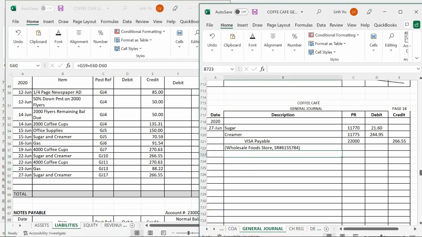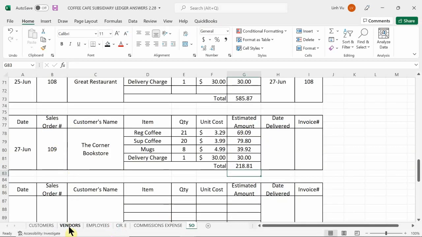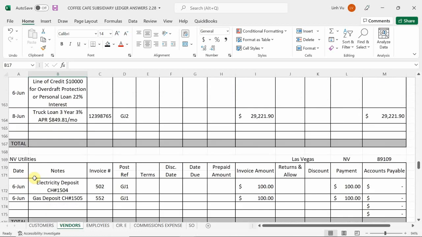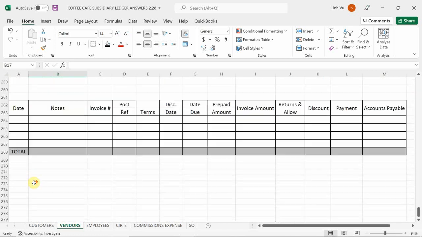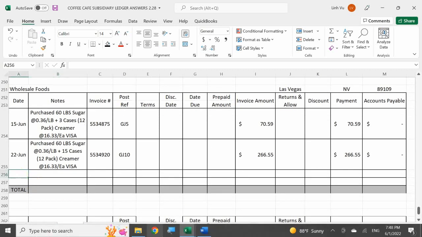Okay. And of course, we need to make a note in our subsidiary ledger in case for any reason we need to make a return on the sugar. Okay, so here we are, Wholesale Food Store. It is 627.